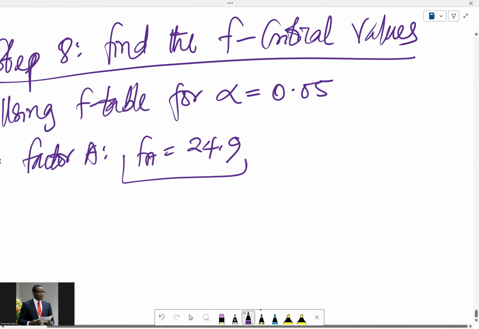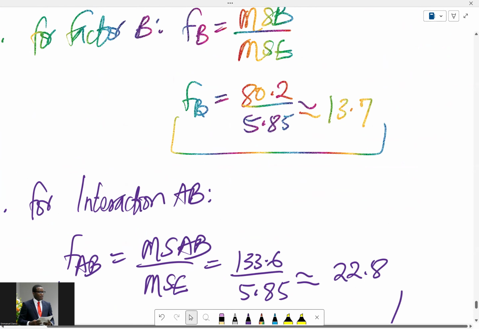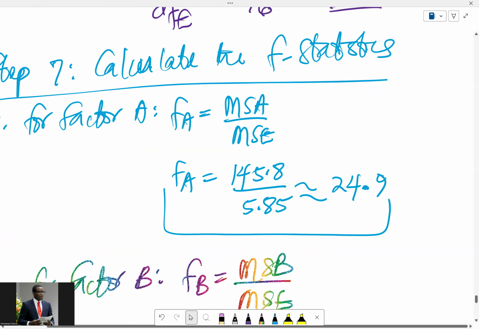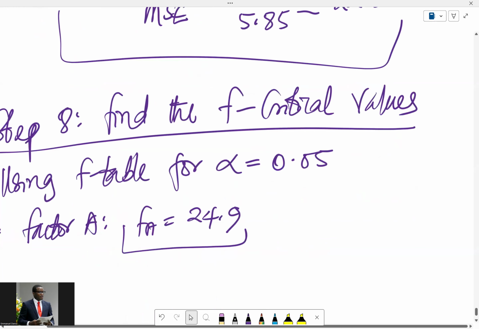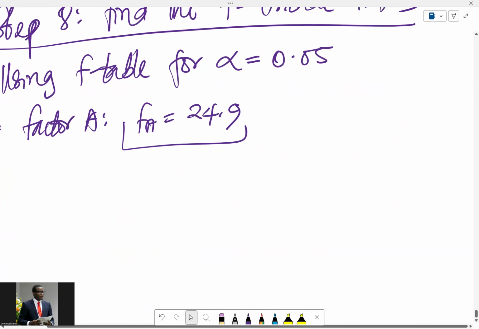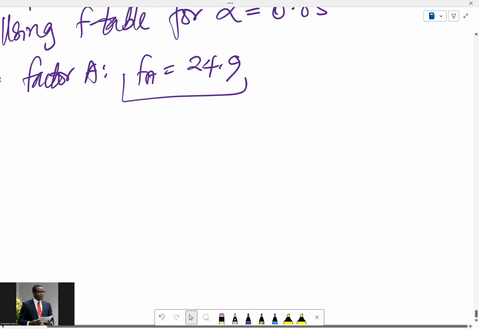That's the test statistic. Now we need FA critical. What should that be?